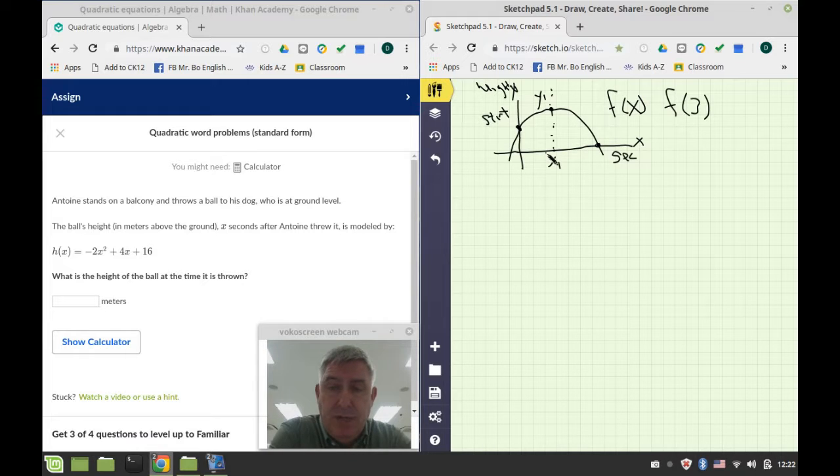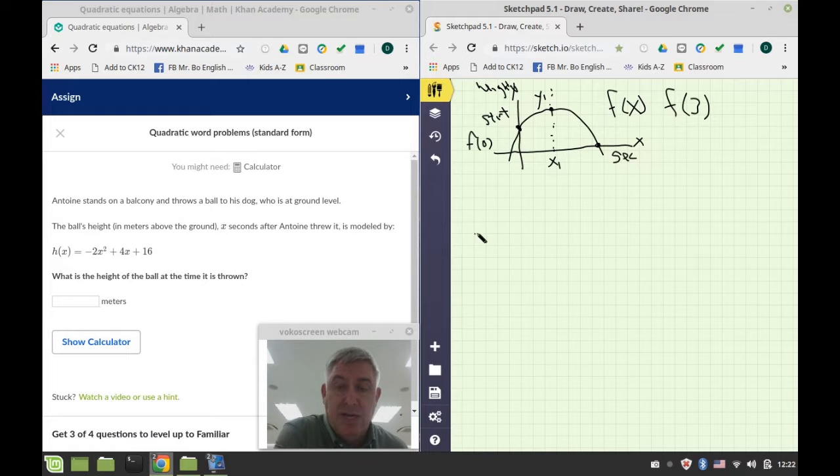So that's which point do we think that is? And that's the start point. Okay, so that's the start point. And for the start point, we want to find f of 0.